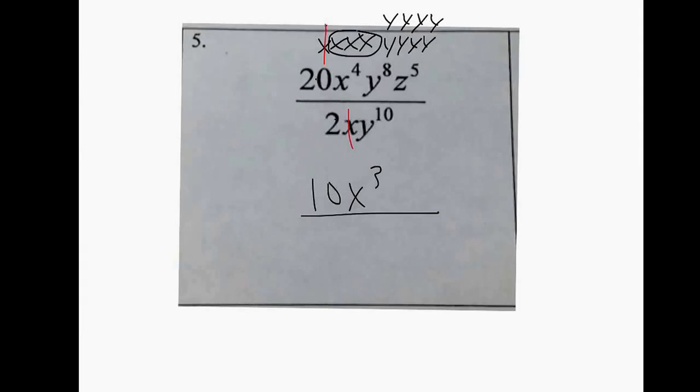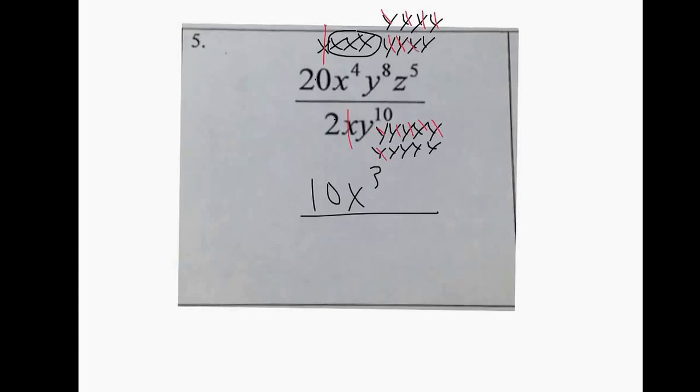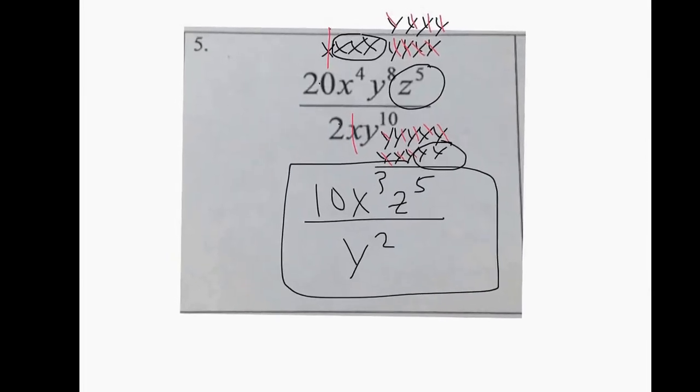This would be for the 10 y, y, y, y, y, y, y, y, y, y. So then I start canceling out. Just keep canceling. And that leaves me with 2 y's, and those are on the bottom. These z to the 5ths don't have anybody to cancel with, so z to the 5th stays on top, and that is your answer.